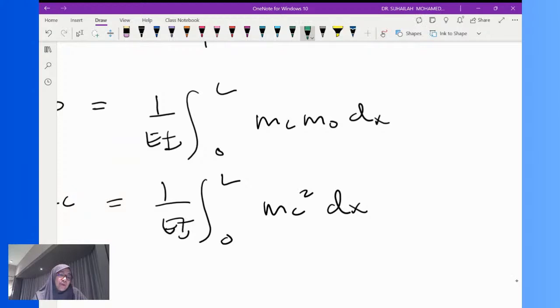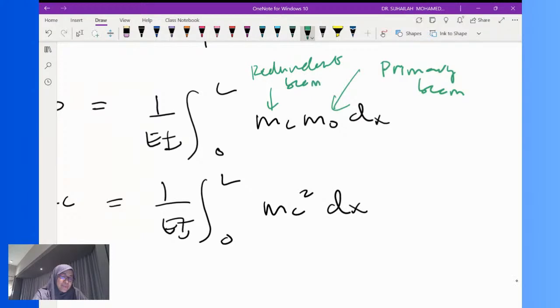So M naught is for the primary beam. MC is for the redundant beam. So this one is MC. Again, this is not primary, this is the redundant beam.